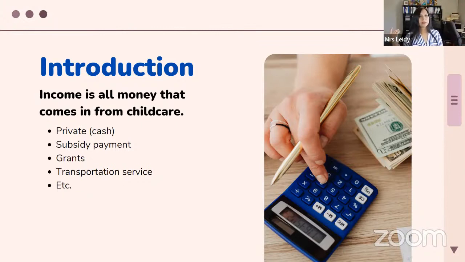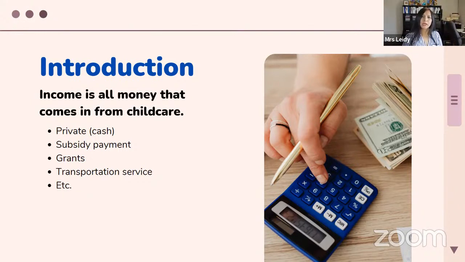They pay me with a transfer. They also give me checks. So there are many ways that they pay me, and I need to always keep in mind that that is also income. It doesn't matter the way they pay me. The most important thing is that it comes to me, so it's income.